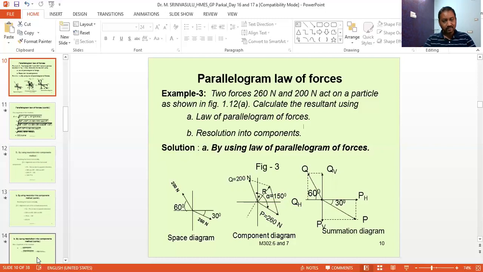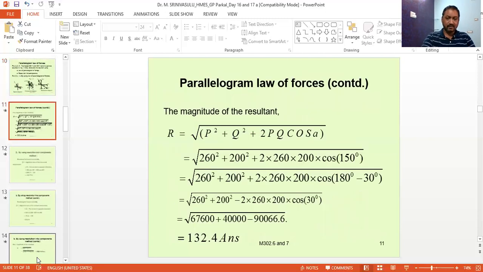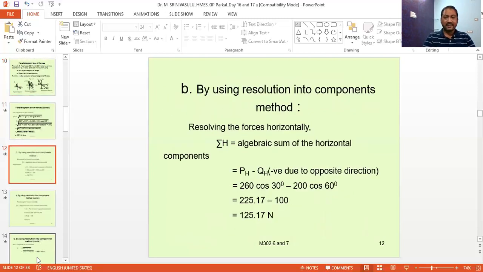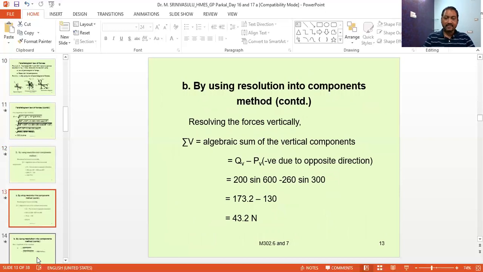On the other way also, because the force Q is acting in the second quadrant, and in the second quadrant sine theta is positive. Therefore, the vertical component of the force Q is positive. So the value is equal to 200 into sine 60, that is a positive value, and whereas P's vertical component is negative.